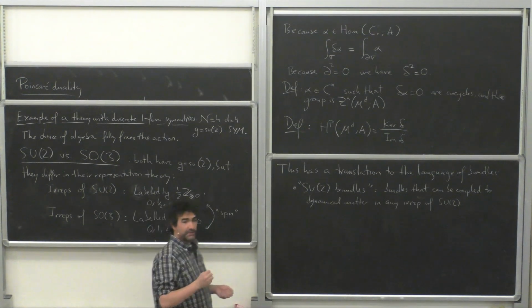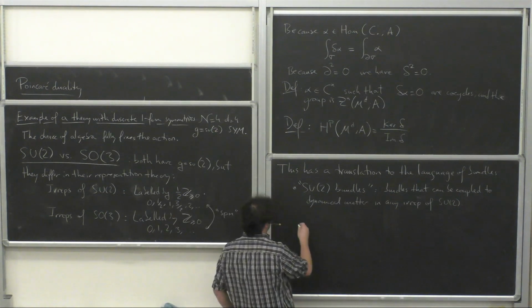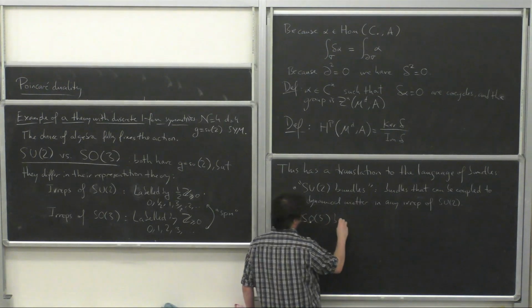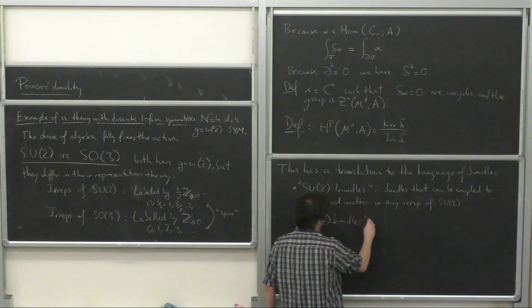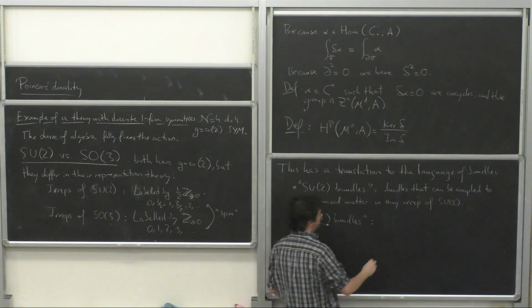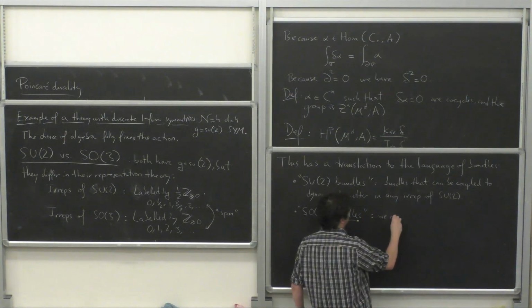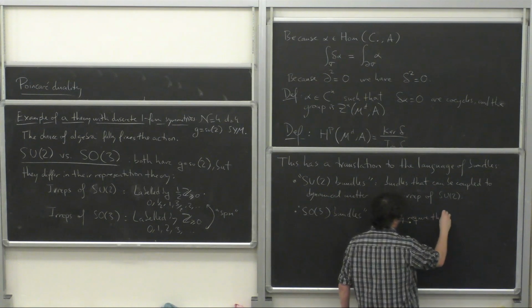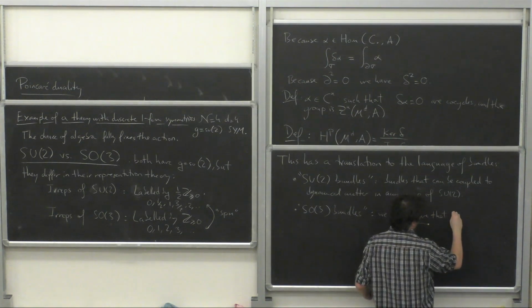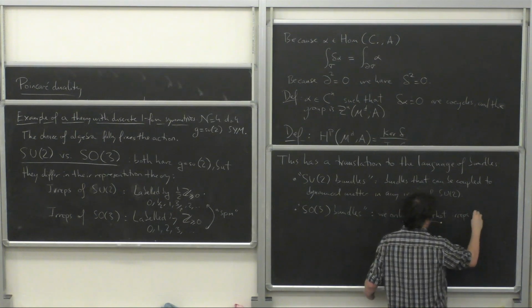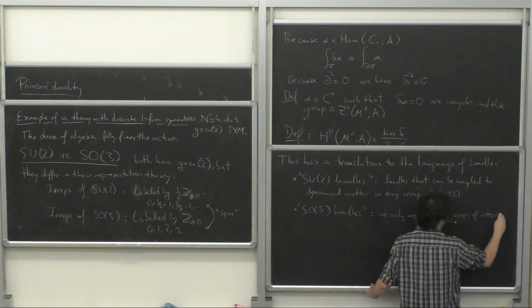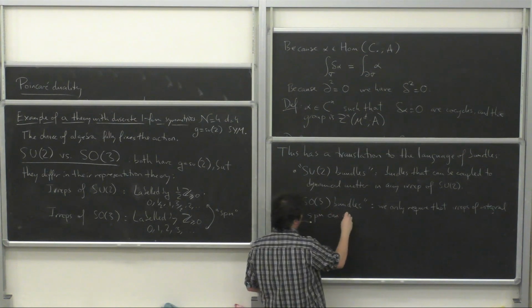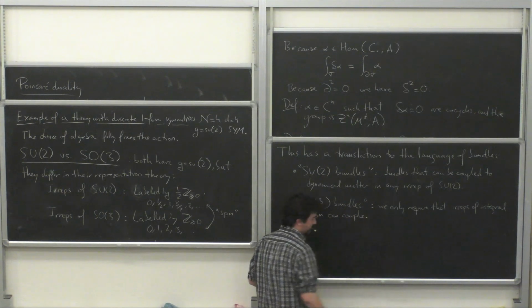I will explain the distinction in a second. And you also have SO(3) bundles, where we only require that irreps of integral spin can couple.